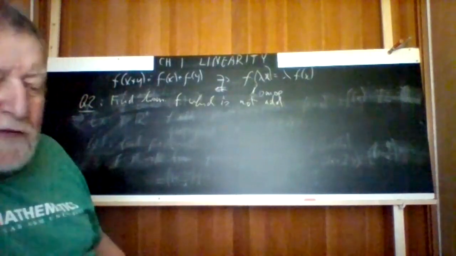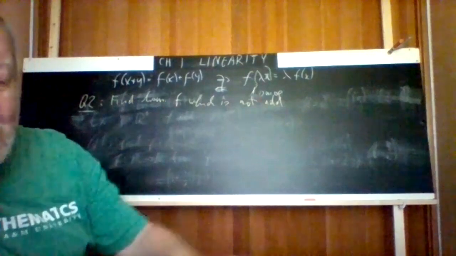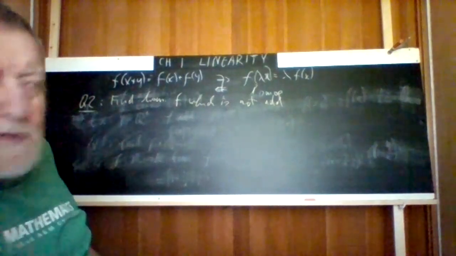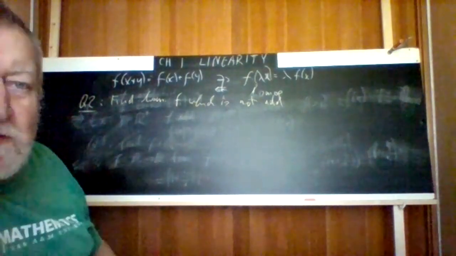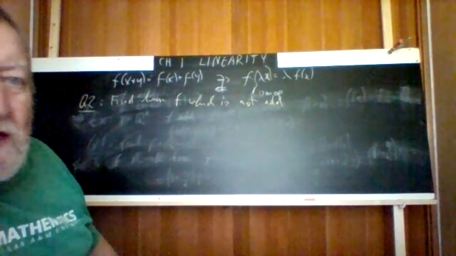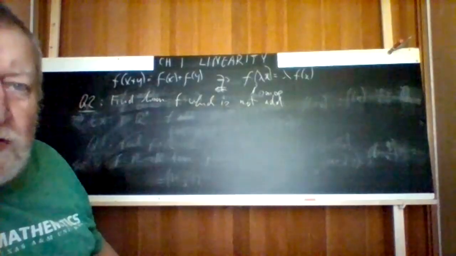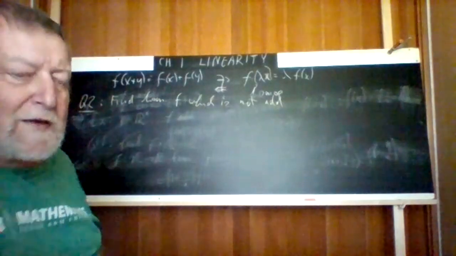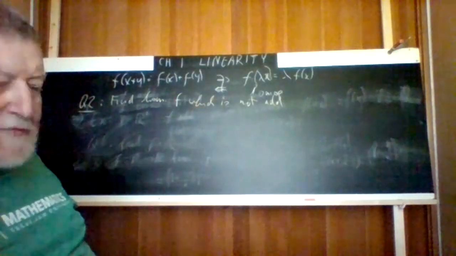So we have now two kinds of functions which are in some way close to linearity. These are additive functions and homogeneous functions. And we might take all of these maps together to get some collection of maps.